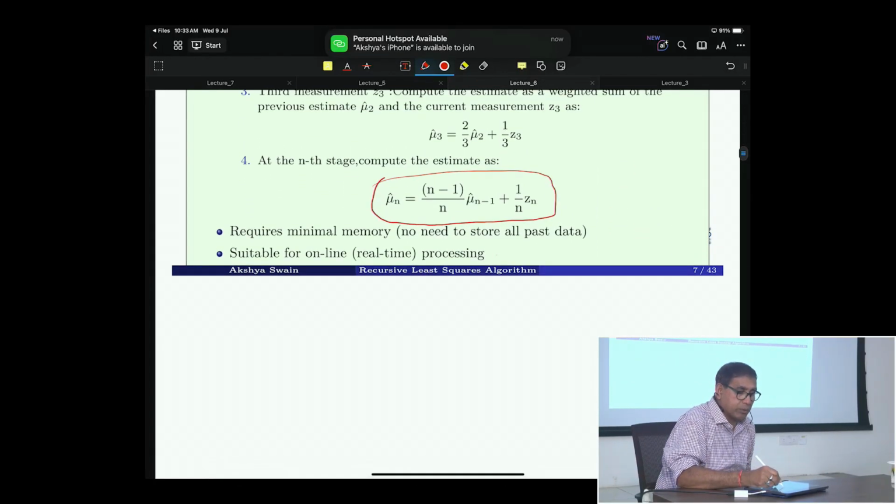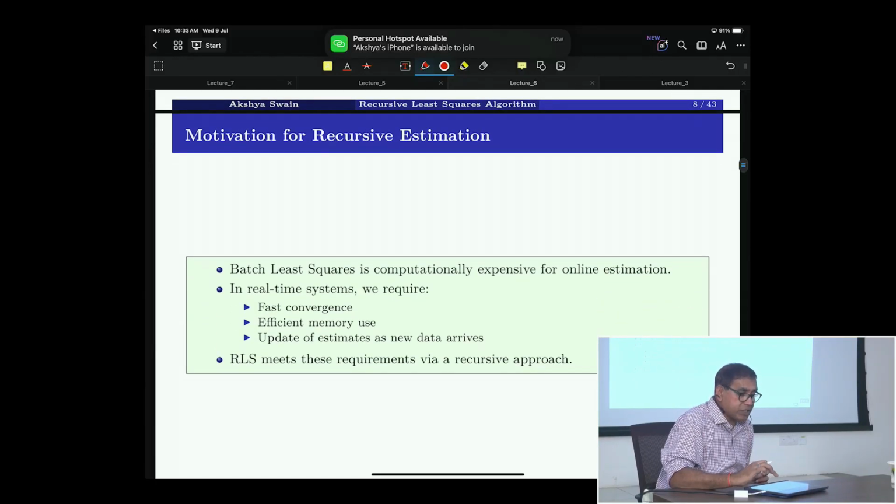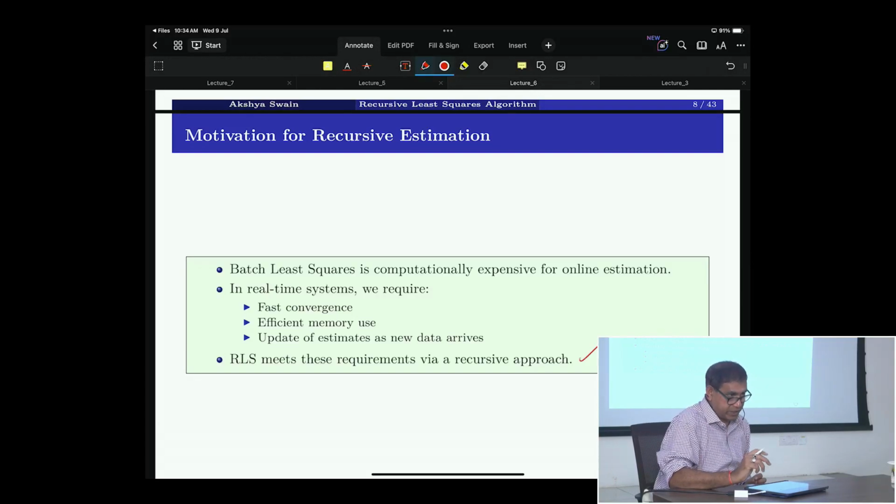Batch least square is computationally expensive for online estimation. In real-time systems, we require fast convergence, efficient memory use, and update of estimates as new data arrives. Recursive least square or RLS fits these needs.